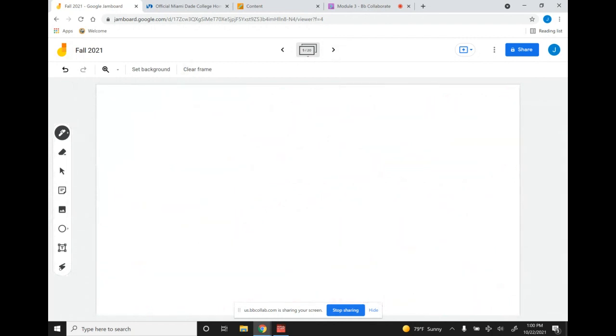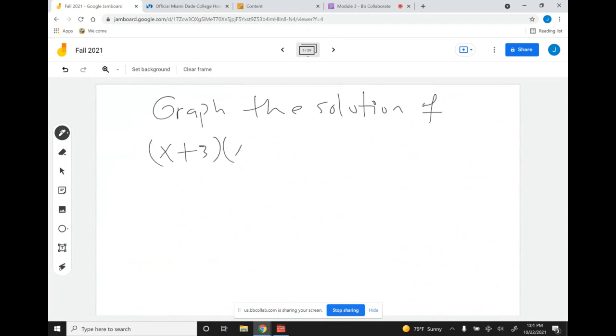I'm going to do this. And it says graph the solution of this. Actually, let me do this just to keep it separated.